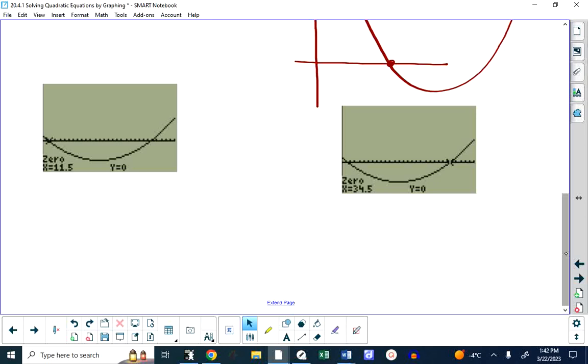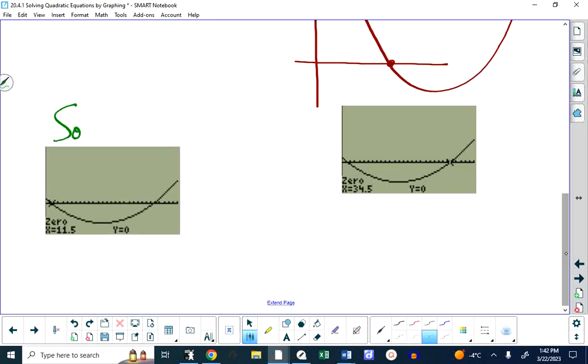Okay. These are two solutions. They're not one solution to the problem, they're two solutions. So, solution 1 is that x is equal to 11.5.